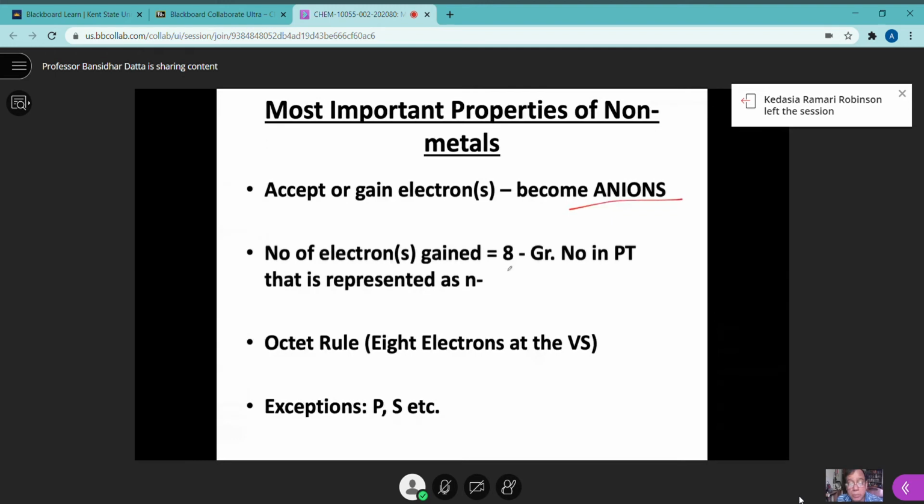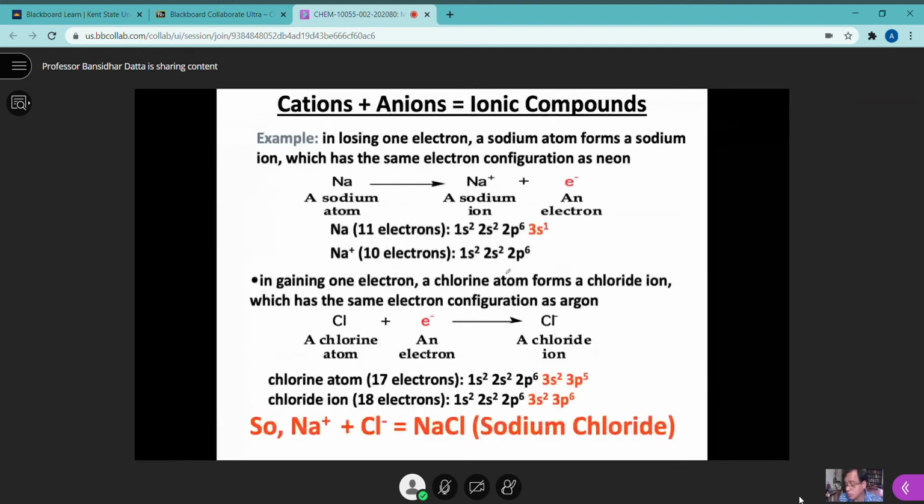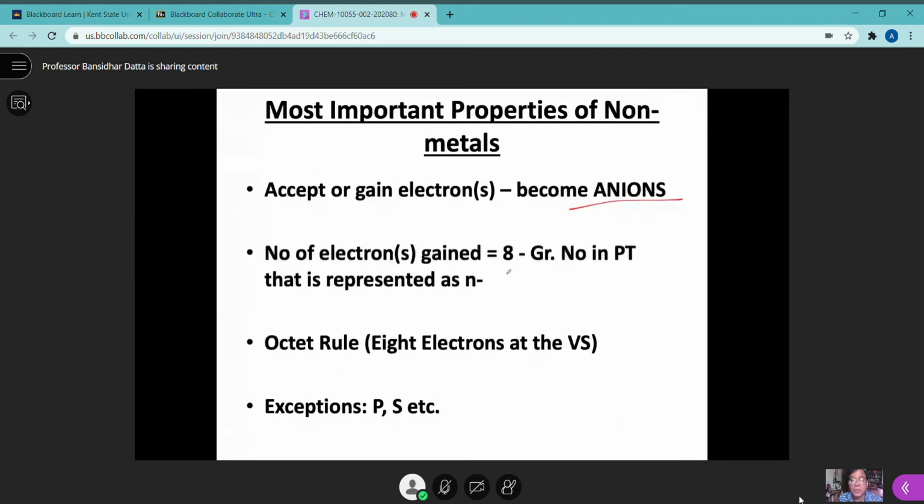So for example, if you have group 7A elements, the halogens, you have fluorine, chlorine, bromine, and iodine. They are all group 7A elements.